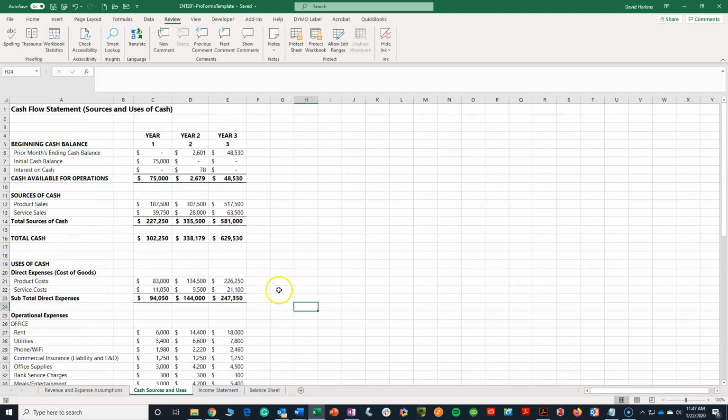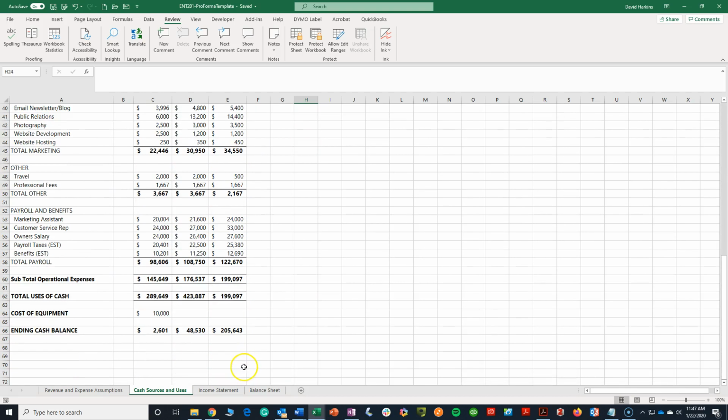Then we come back up to year three and we bring that $48,530 and we go through all of our expenses again. Now you'll notice it doesn't show any profit and loss, and the cash uses and sources isn't supposed to do that. This is all about helping you identify your cash flow. This is why when you do this for your own business, you should do this monthly, because cash flow on a monthly basis is incredibly important to keep track of.